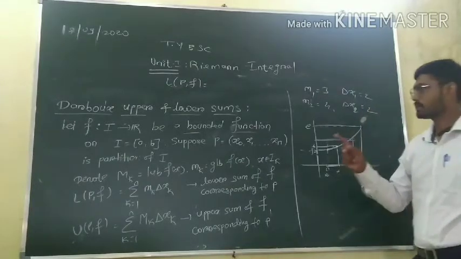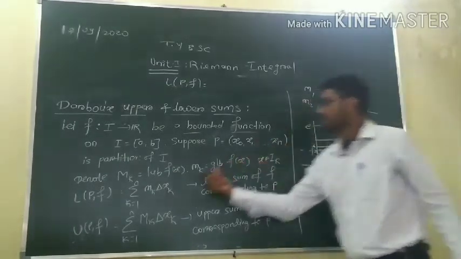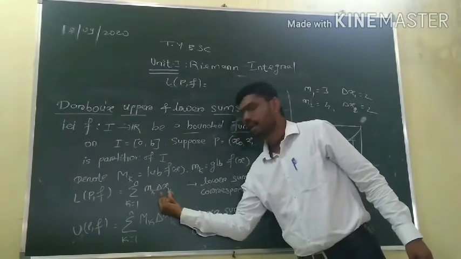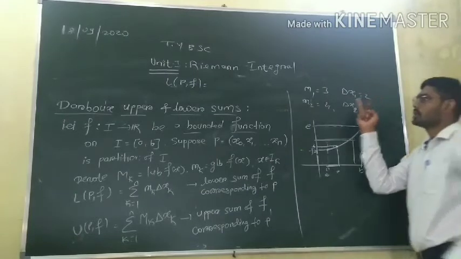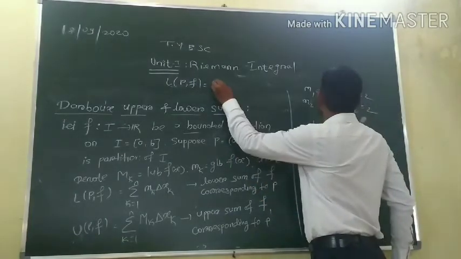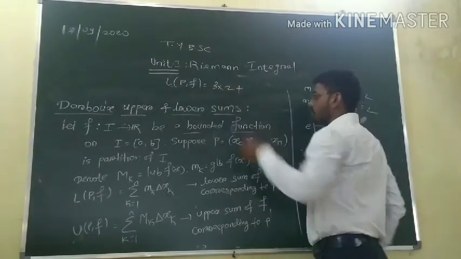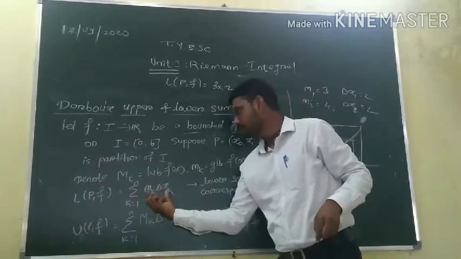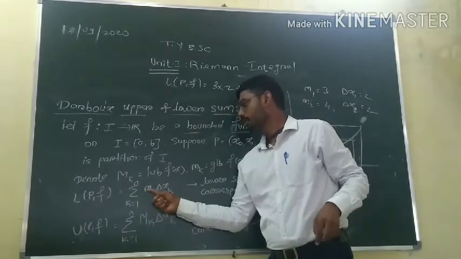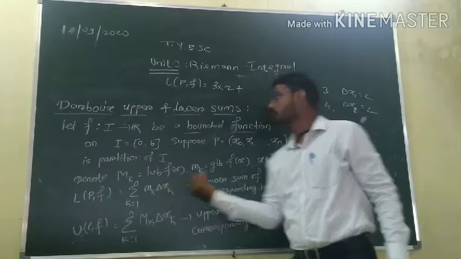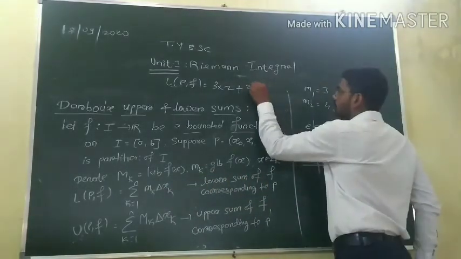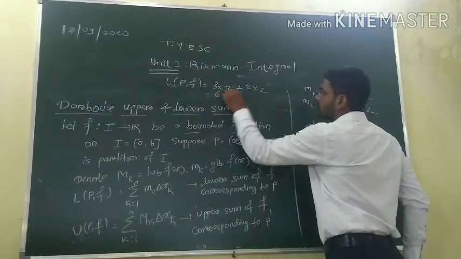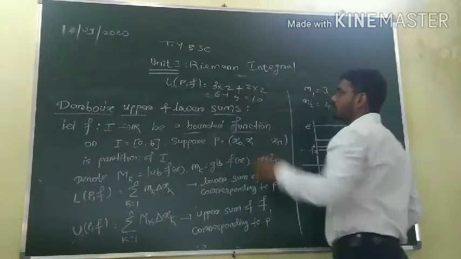The first term is m1 delta x1. m1 is 3, delta x1 is 2. So the lower sum is equal to 3 into 2. Plus, for k equal to 2, m2 delta x2. What is m2? 2, and delta x2 is 2. So 2 into 2. So 3 into 2 is 6 plus 2 into 2 is 4. So the lower sum becomes 10.